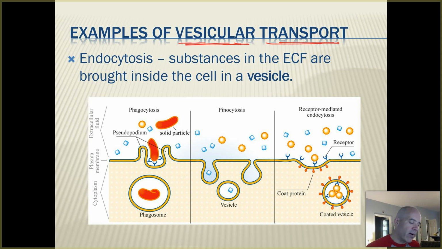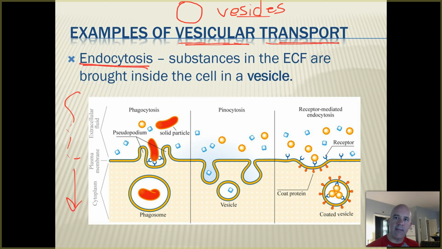And those little membrane-covered packages or bubbles are called vesicles. If a cell is using vesicles to package things that are outside, out here in your extracellular fluid, or ECF, and bring them inside, that's called endocytosis. Endo, like inside, you're bringing something inside the cell. If the reverse was happening, it would be called exocytosis.